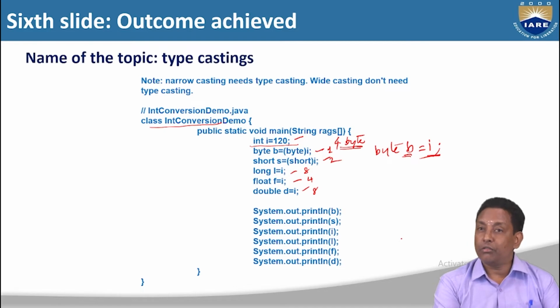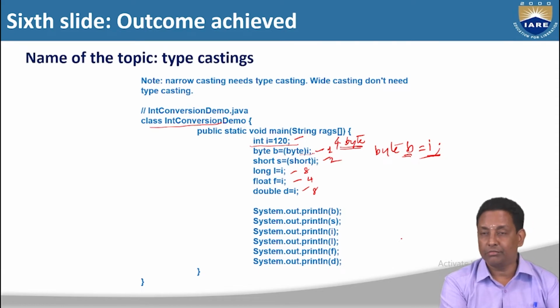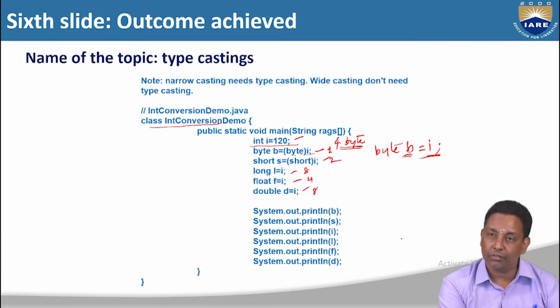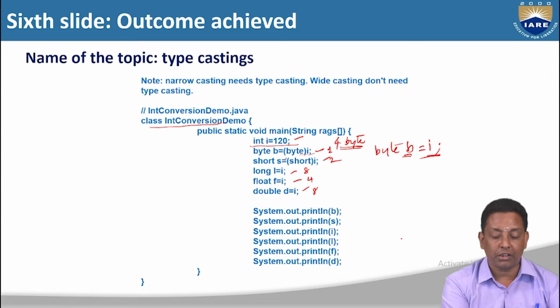But if you want to forcibly assign an int value to a byte value, what you need to do is tell the Java compiler and interpreter that we want to assign the integer value to the byte value, however it is, whether the value is lost or remains the same. So how do you instruct the compiler and interpreter to do that? You put the target data type in parentheses and write the target data type, byte.